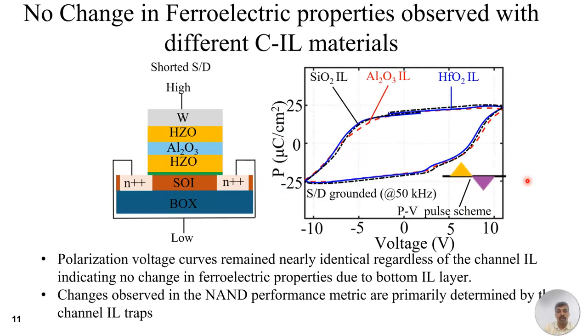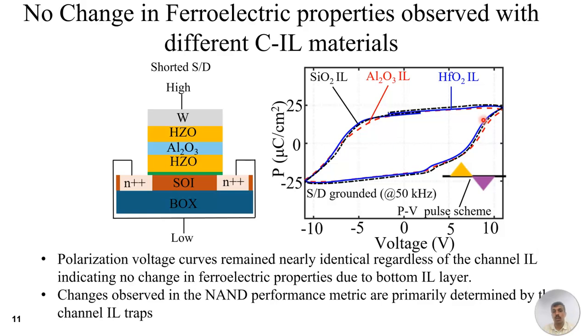Moreover, we also did polarization versus voltage measurement for the Fe-FET, where we again short the source and the drain, and we observe that the polarization versus voltage curves are nearly identical for all the CIL materials.